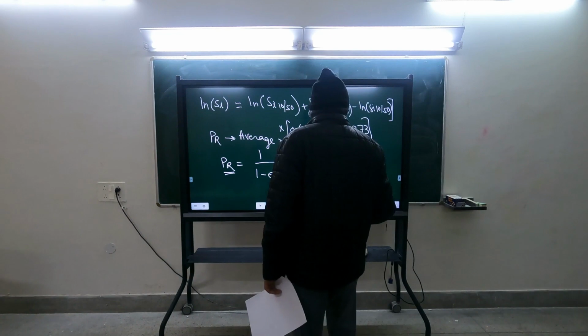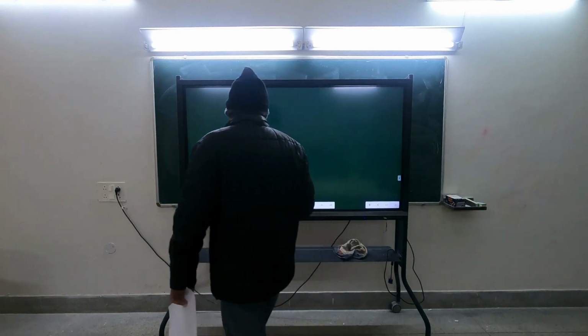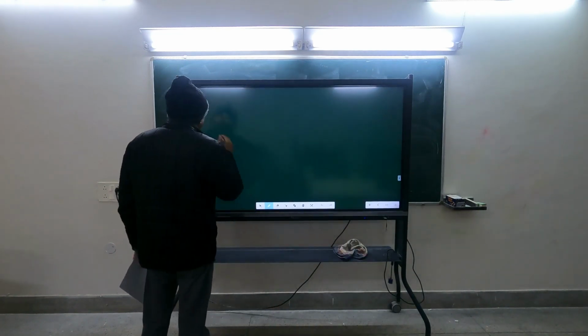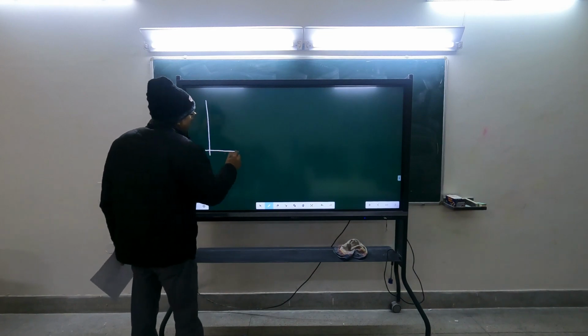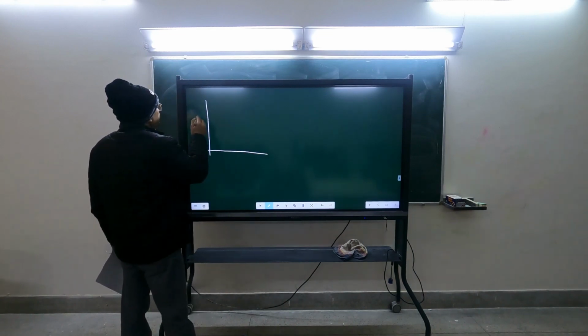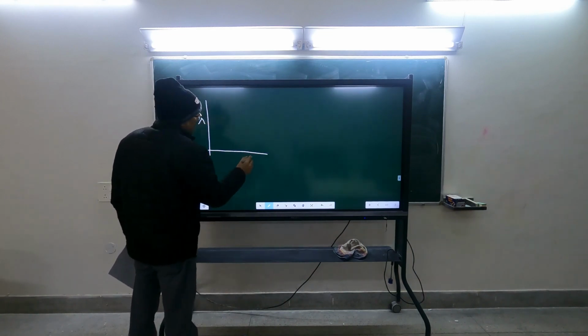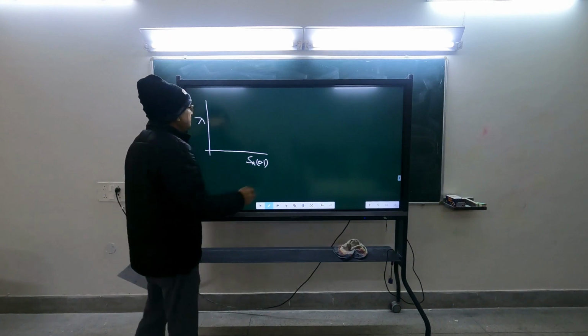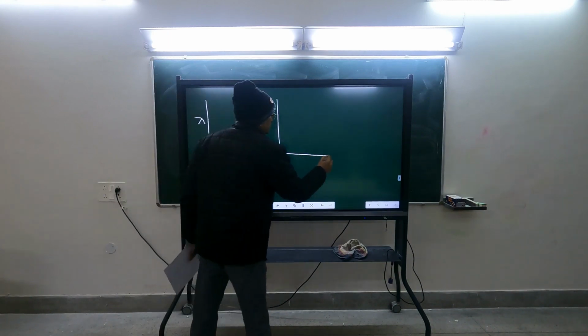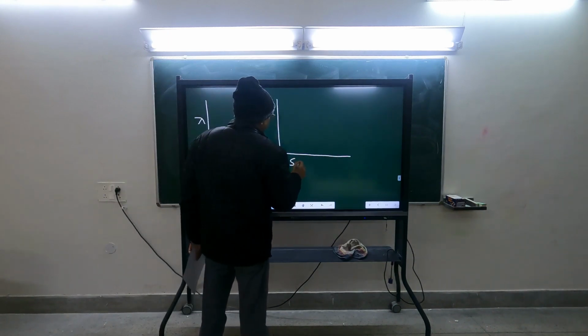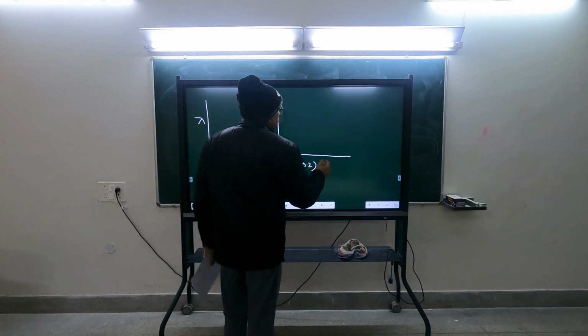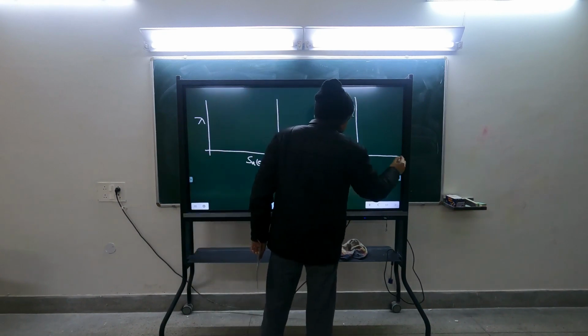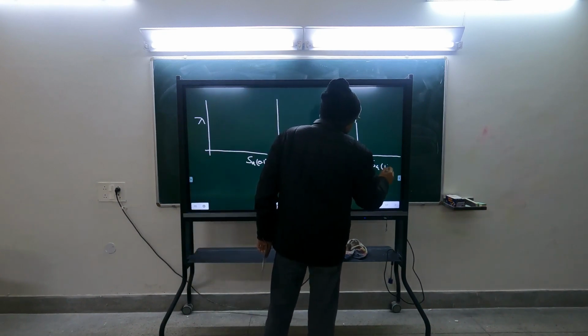Now such curves you have to plot for different values of lambda and SA at different periods. Let us say 0.1 second. Then you can plot it for SA at 0.2 second. You can plot it for SA at 1 second and so on.